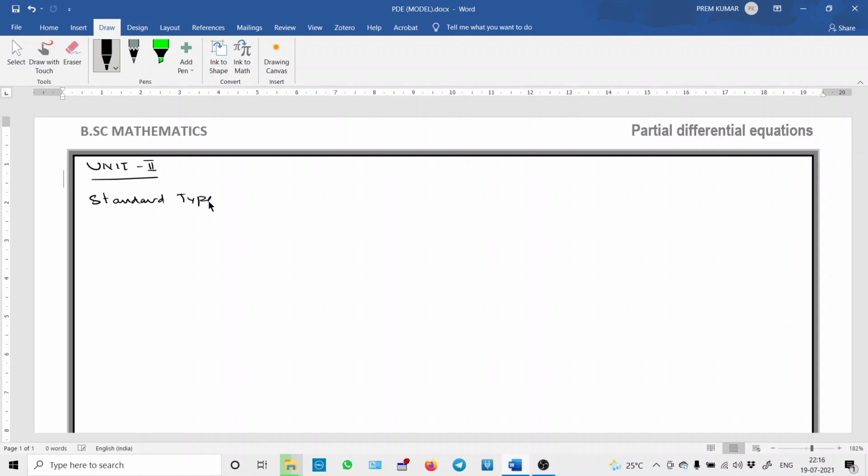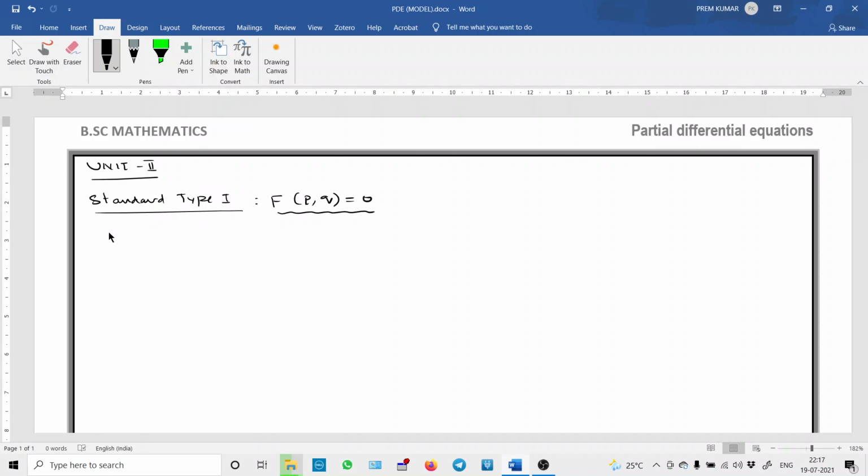Standard type 1 PDE is of the form some function of P and Q equals 0. That PDE will consist only of P and Q alone. That kind of PDEs are classified as standard type 1 PDE.